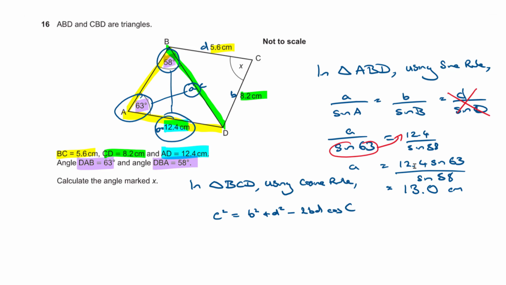Either you remember the 2 formulas separately, or you know how to rearrange the formula, so it's in terms of the angle instead of the side, which is what I tend to do. I kind of work out how to rearrange it.